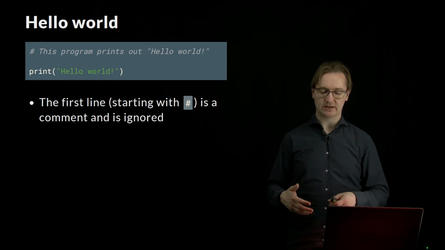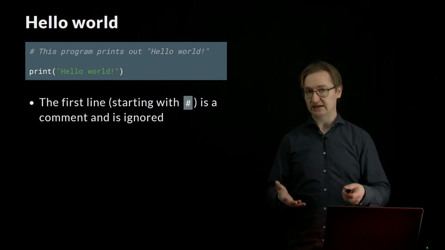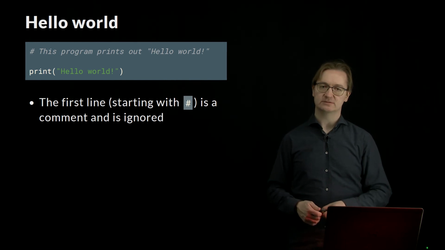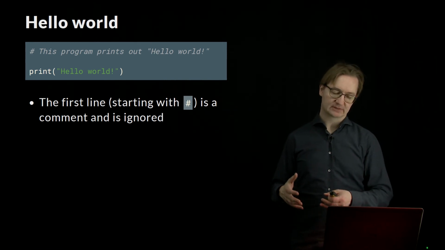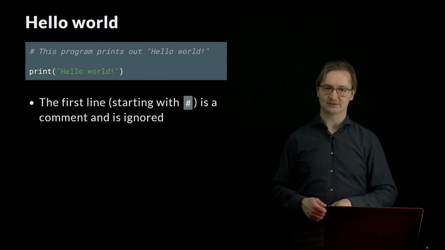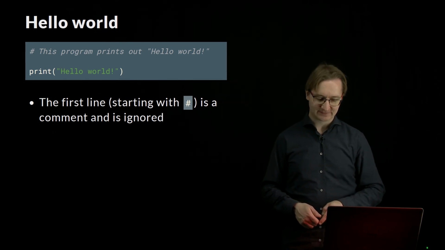So basically this is a way to write something into the code which explains what's happening, or in certain cases we want to write out what the complex lines are doing, or give some pointers to the next reader of this code.